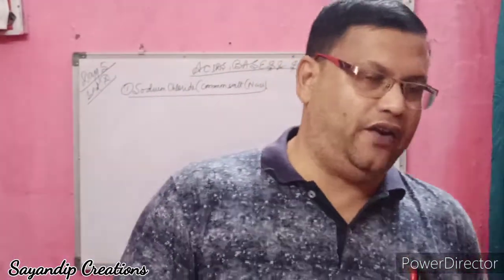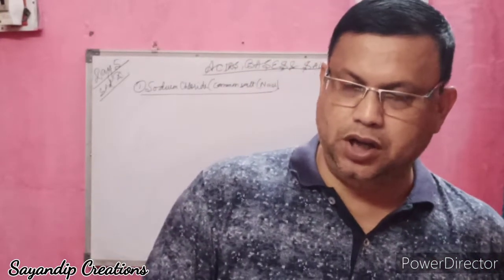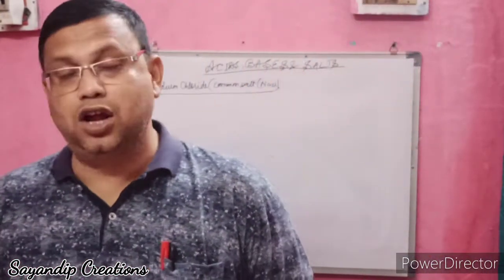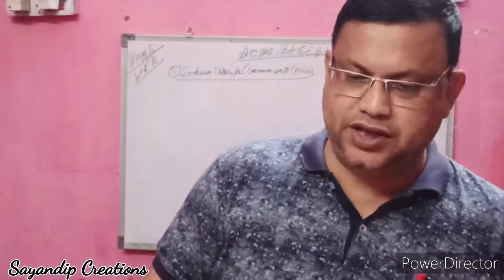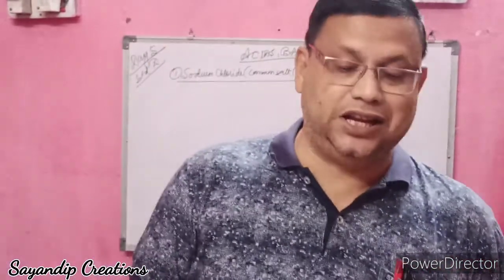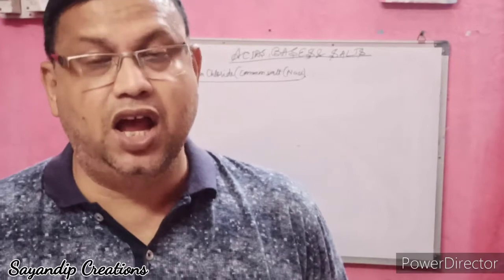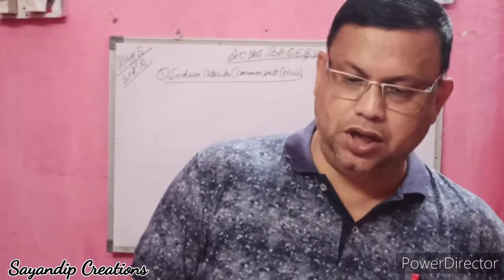After removing the insoluble impurities, HCl gas is passed to get a saturated solution. This is because of the common ion effect, with Na plus and Cl minus ions.